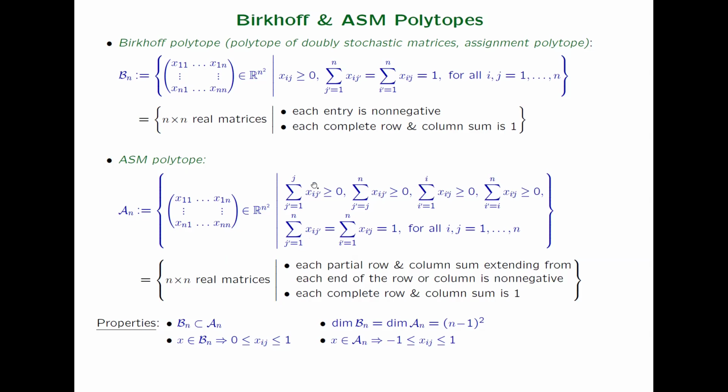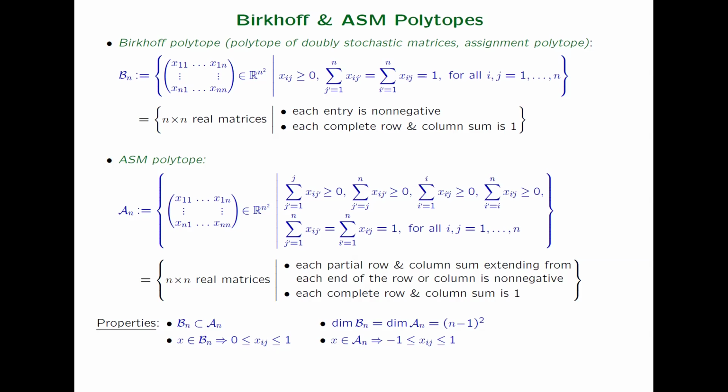And well, because the entries are non-negative and the total sums across each row and column are 1, that means that the individual entries must be between 0 and 1. In the case of A_n, for the same reason that we saw before, when we reformulated the definition of ASMs, the entries must be between -1 and 1, because successive partial sums must be between 0 and 1.